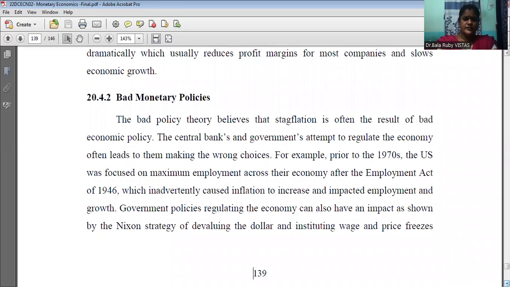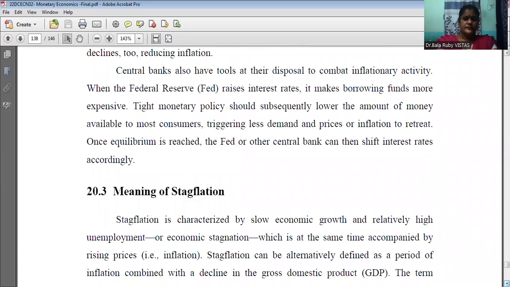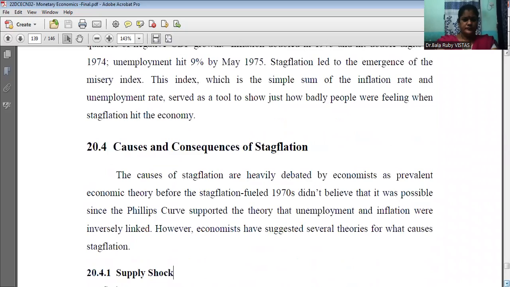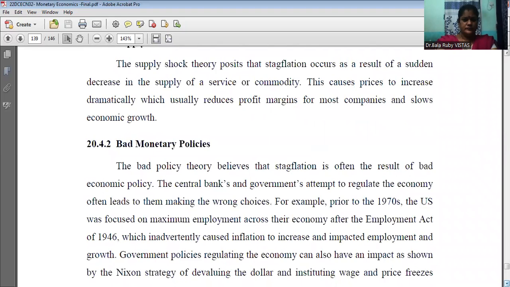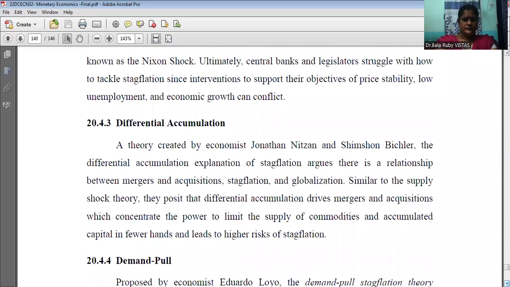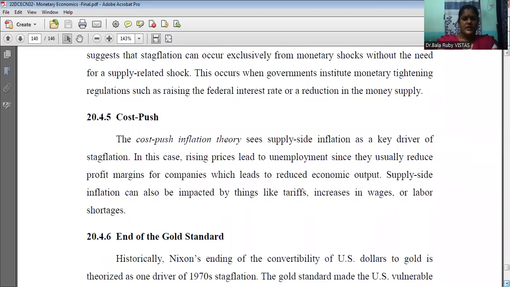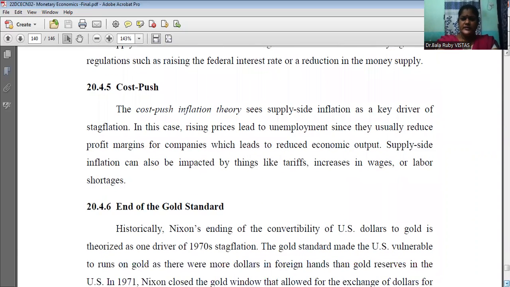It is cost push in the sense that this cost push inflation theory sees supply side inflation as a key driver of inflation.